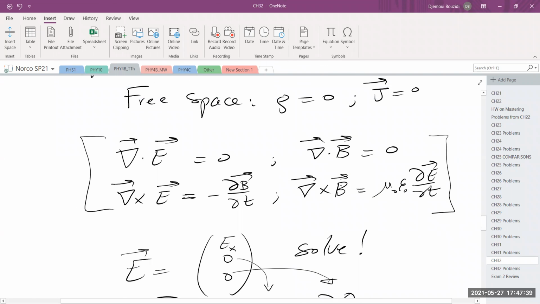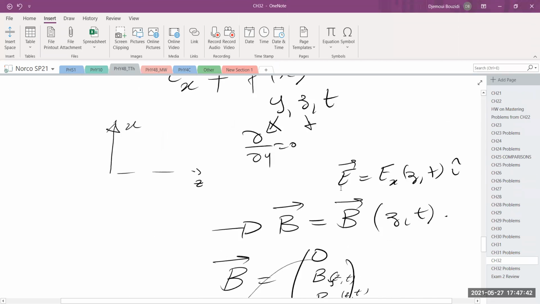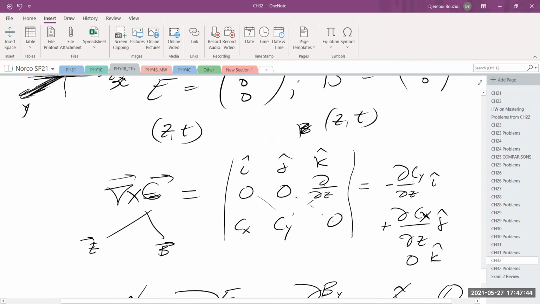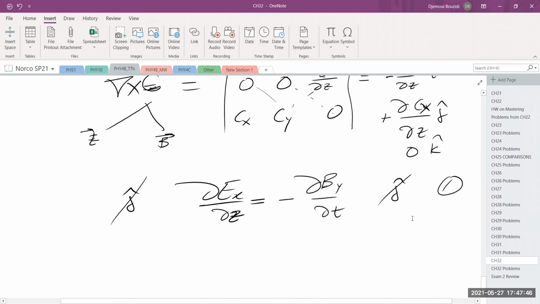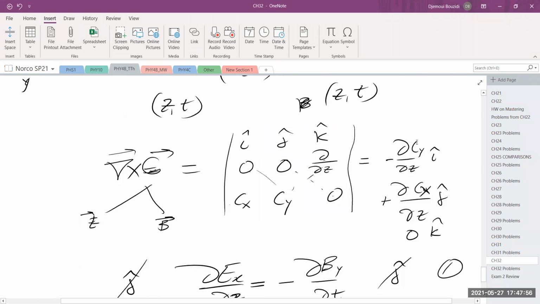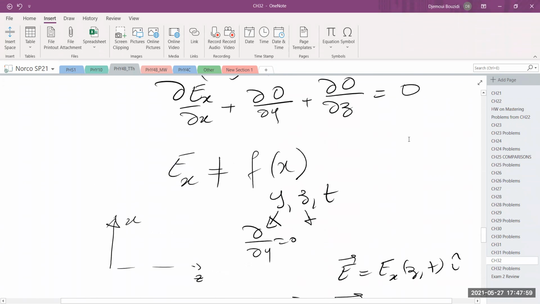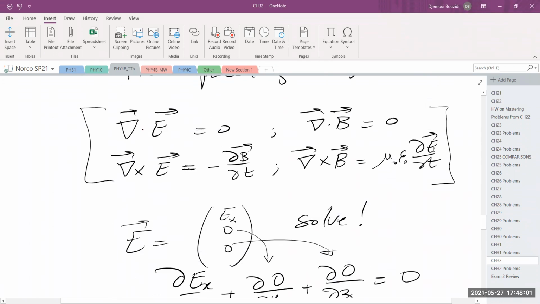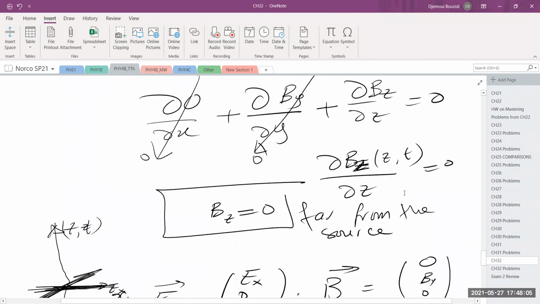Now we have to do the same thing. Now B has only a y component. That means, since it's a y component, I have to retain this component. So it's a negative derivative of By with respect to z in the i hat direction. Remember, this has only an i hat in it. This must be equal to mu naught epsilon naught, the derivative of E with respect to t. And E has only an x component.